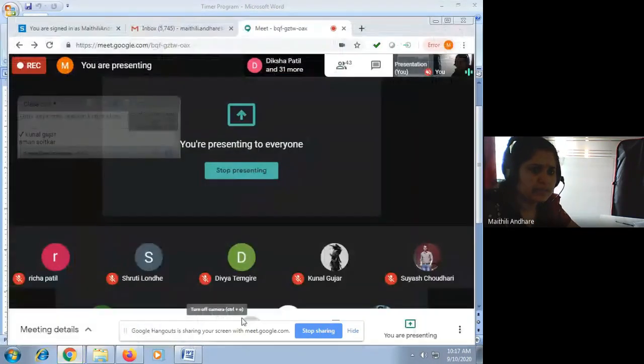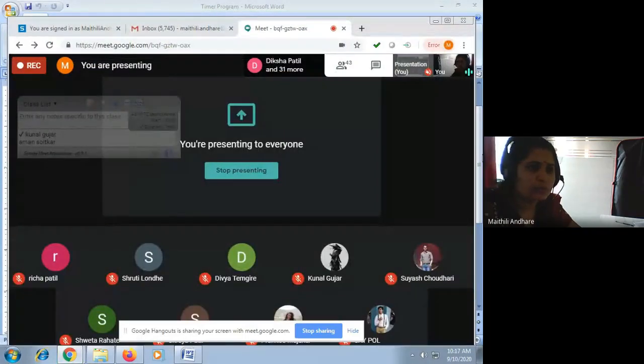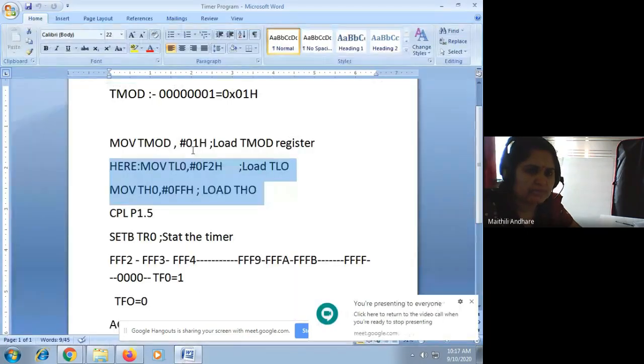In this, I already told you we have to do the calculations. In this calculation part, there are two parameters. The initial value loaded in the timer register may already be given, like in the previous program it is FFF2.